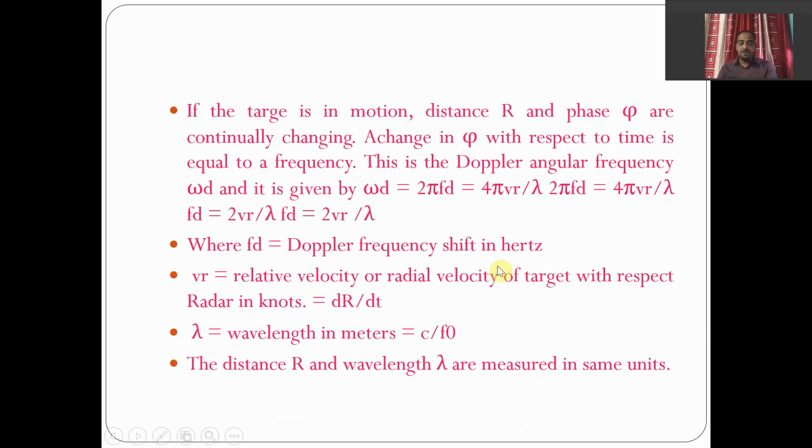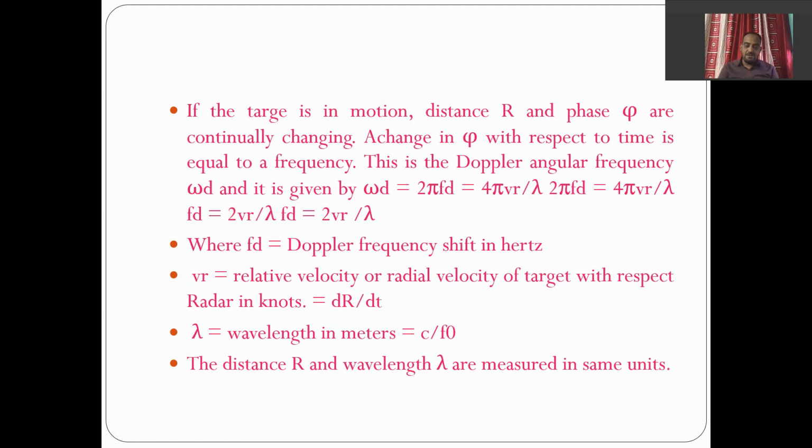Then dr by dt can be written as Vr, which is shown here. Vr is equal to dr by dt, and your final Fd will become 2 Vr by lambda, where lambda is c by f naught.